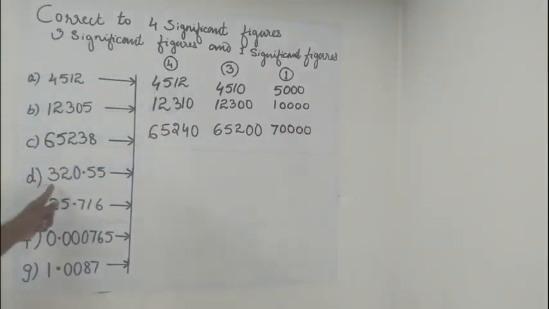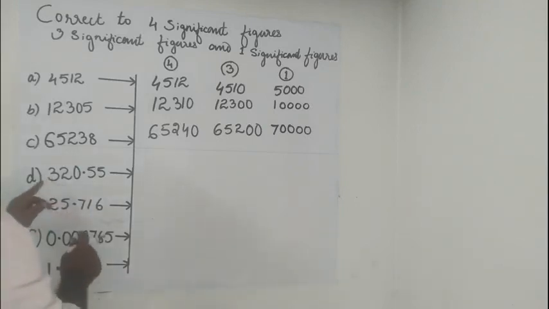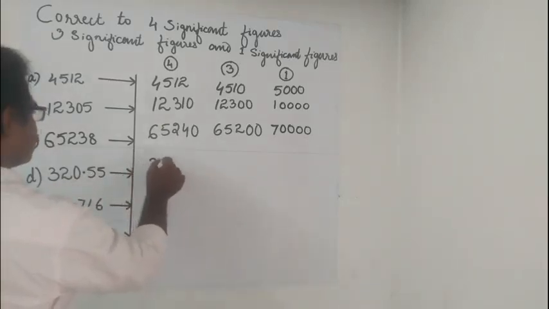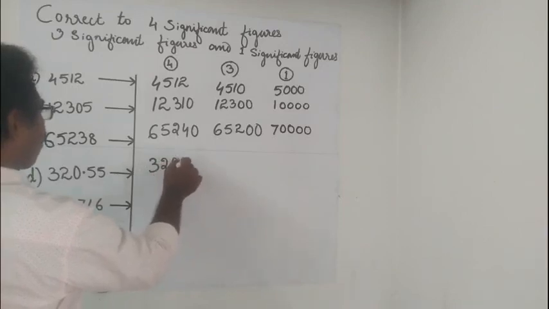Then here comes a decimal number, 320.55. How will you write it in 4 significant figures? Only focus on the 4-digit number, 1, 2, 3, 4. Okay, after 4 there is a 5, isn't it? So we have to add 1 to this number. So 320.6.